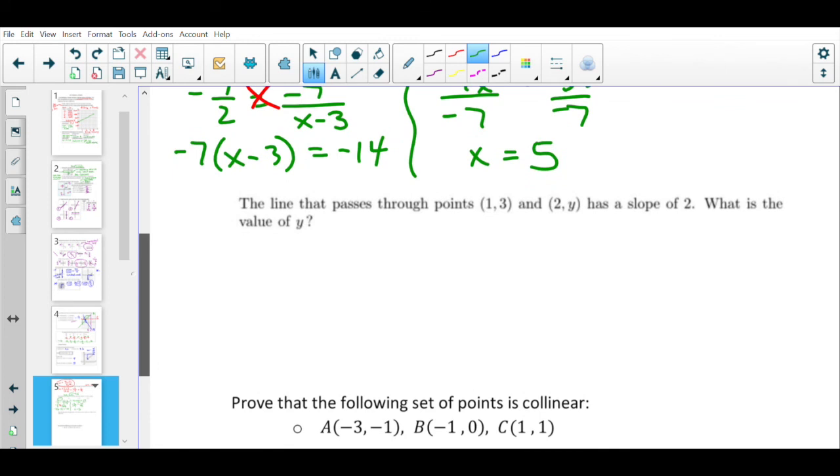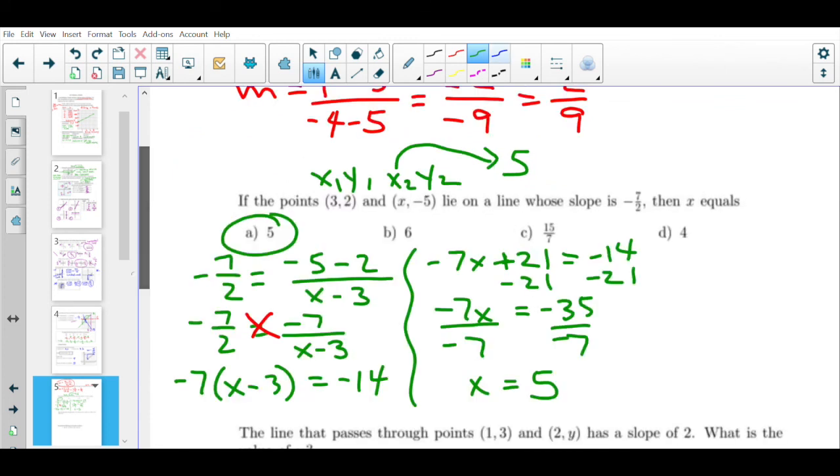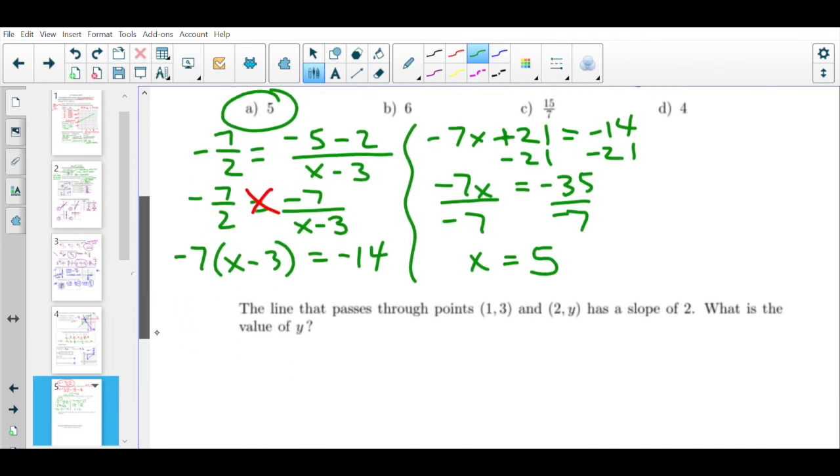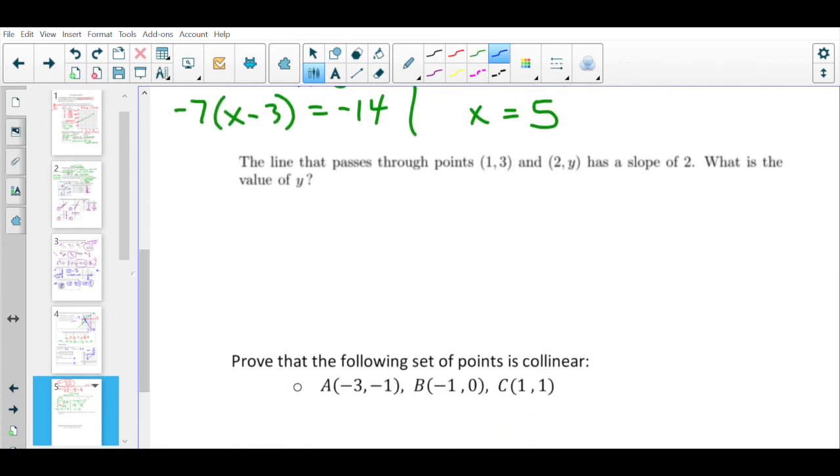The line that passes through 1, 3, and 2, y has a slope of 2. What is the value of y? Same sort of deal here. Let's set this up. That is the slope of 2, and let's say this is x1, y1, x2, y2, so 2 equals y minus 3, that's y2 minus y1, over x2 minus x1, which is 2 minus 1.